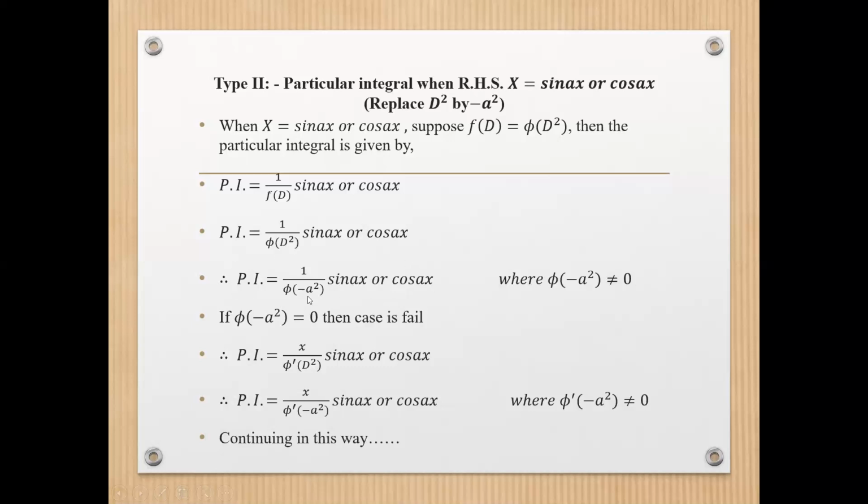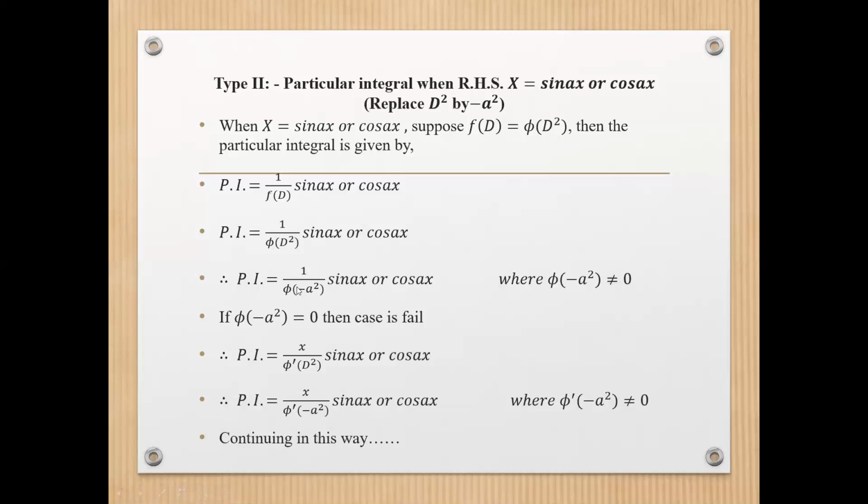But there may be a possibility that the denominator is 0. If phi of minus a square is 0, that is case 3, because on the numerator there is 1 and on the denominator we get 0. 1 upon 0 is meaningless. 1 upon 0 means infinity, it has no meaning, and we cannot proceed that way.